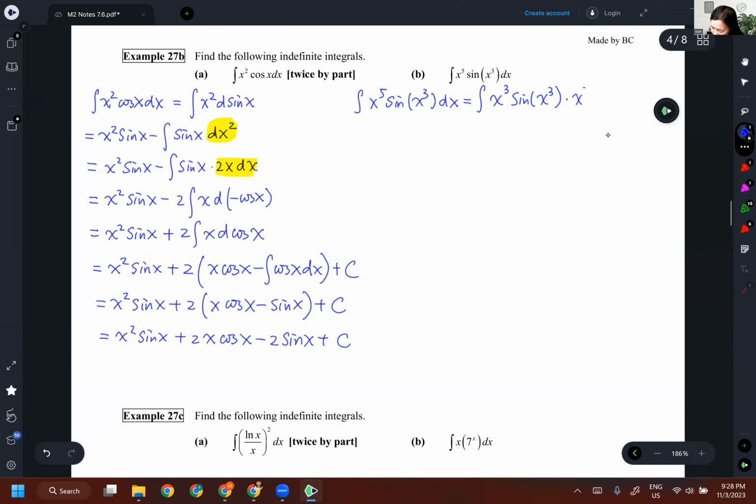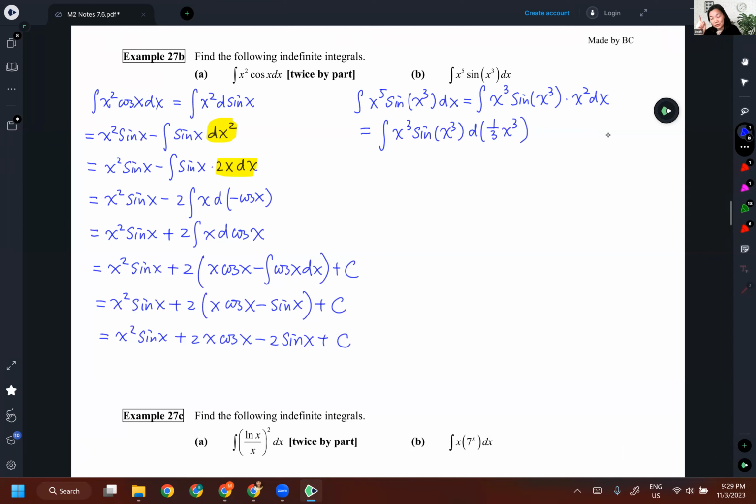And then x squared dx. I'll split 5 into 3 and 2. And then you know what my intention is. This is x cubed sine x cubed. This one is d 1 over 3 x cubed. Like that.